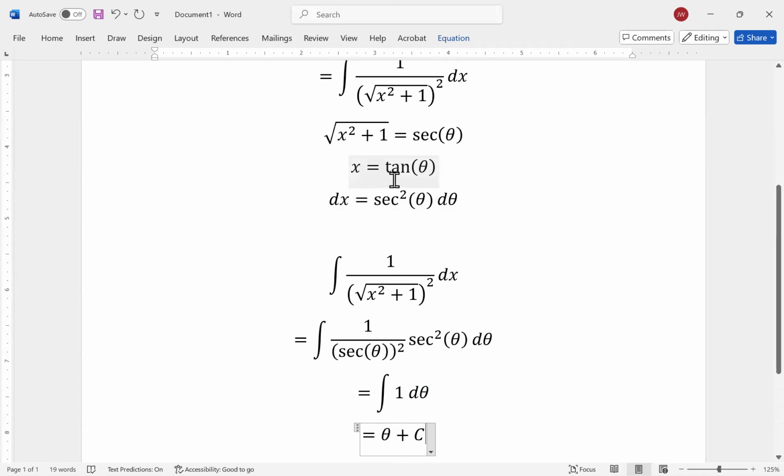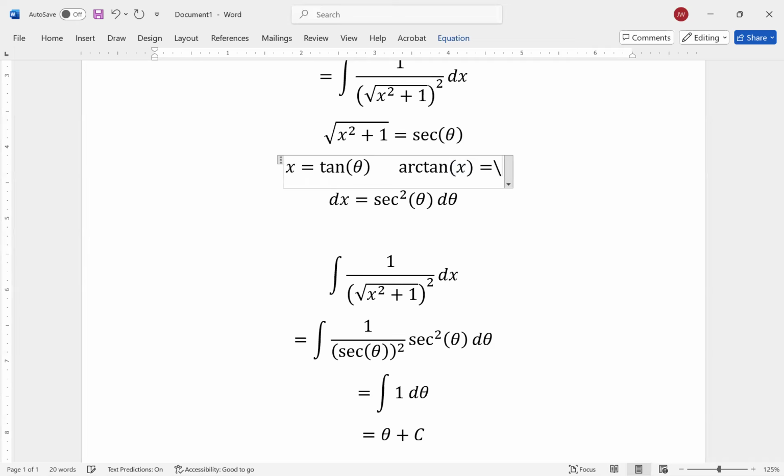And then I remember what this did. So x is equal to tangent of theta. That means arctangent of x is equal to theta.